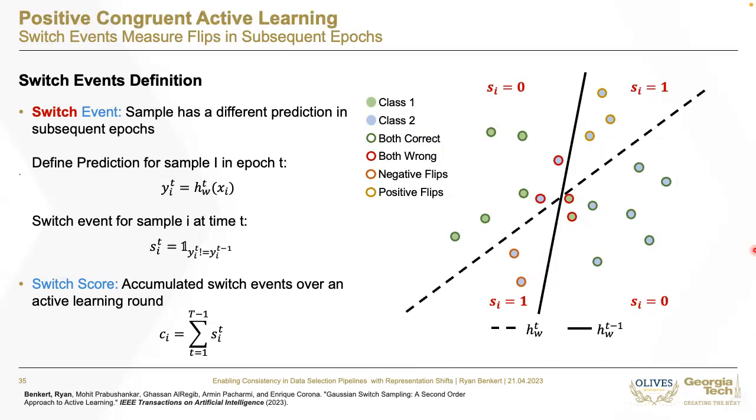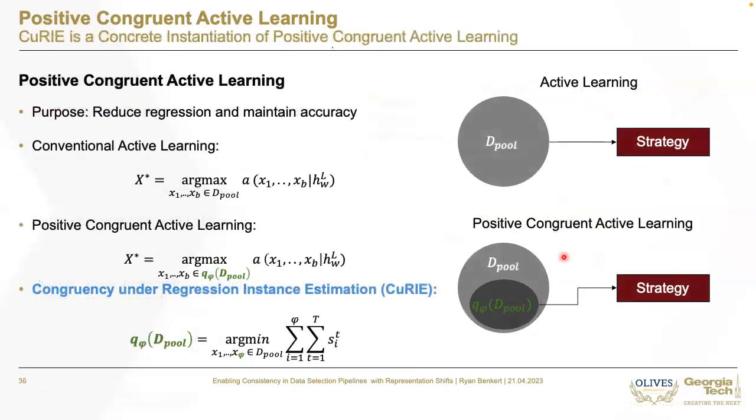If you take this example where I showed you all of these different classes between both correct, both wrong, negative flips and positive flips, these samples over here are a switch event, and these ones down here are switching samples, whereas the rest of them are 0. That already gives you an intuition that they are very much relevant for regression, and that's what we're going to be using here in this positive congruent active learning workflow.